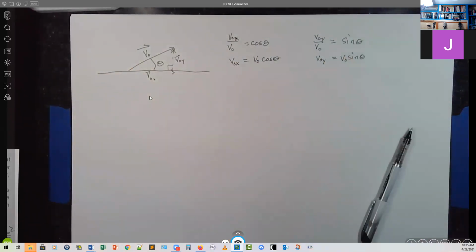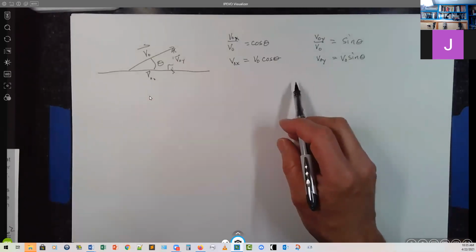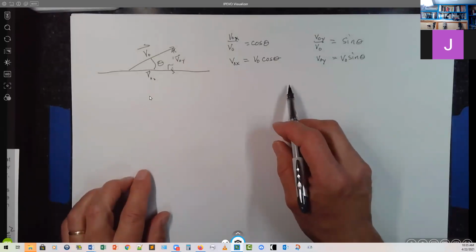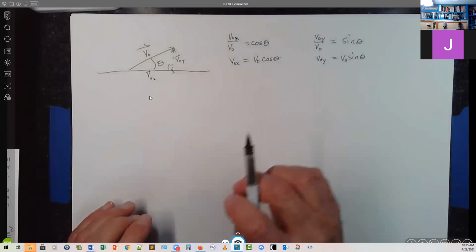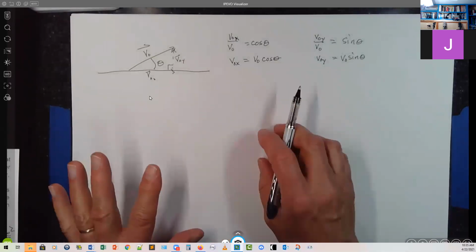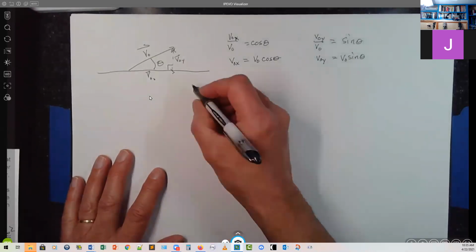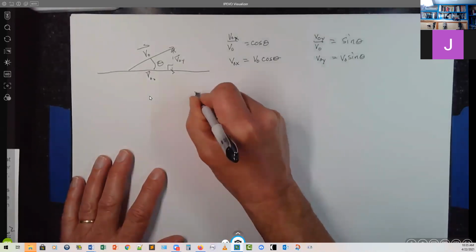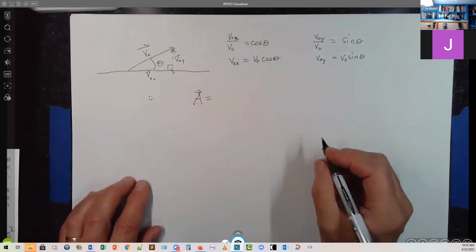Splitting things into components is something we'll be doing several times in different areas through the rest of the quarter. Now, the way we apply this to projectile motion depends on a property of vectors that I didn't mention yesterday. Let's suppose that we have a vector A, and we can write A as an X component plus a Y component.